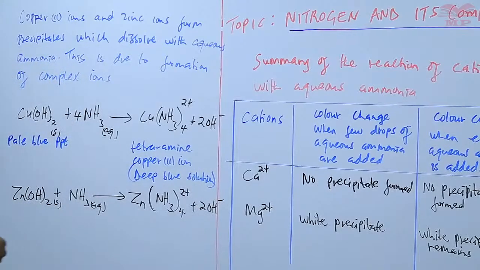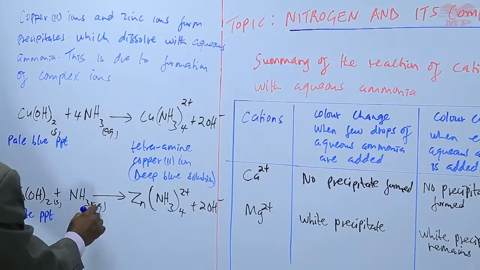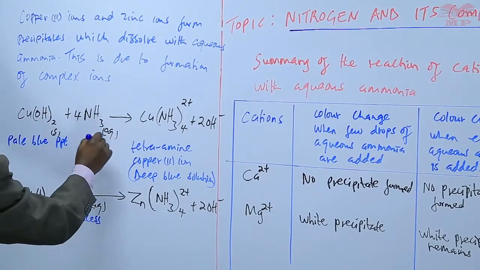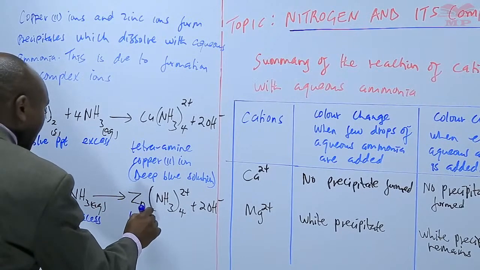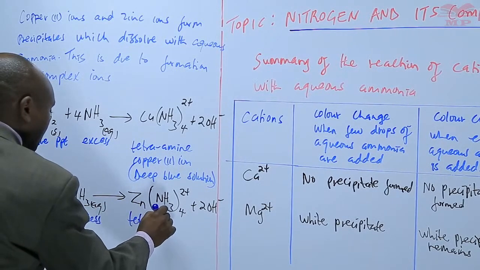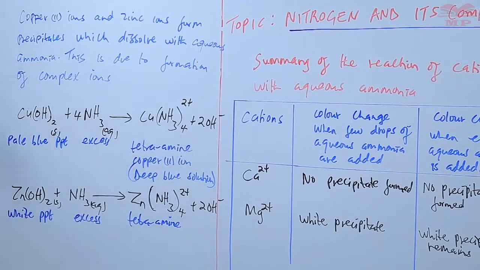So here zinc is a white precipitate, but when you add excess aqueous ammonia, just like we had done up there, we form tetraamine. Tetraamine is 4 ammonia.